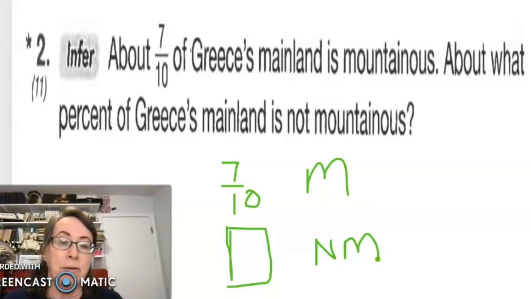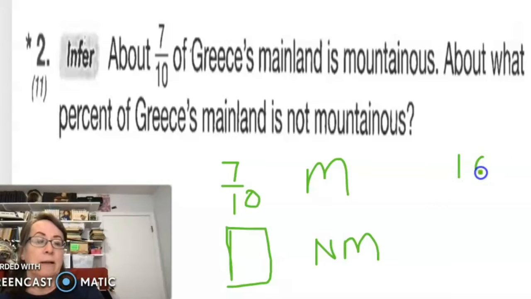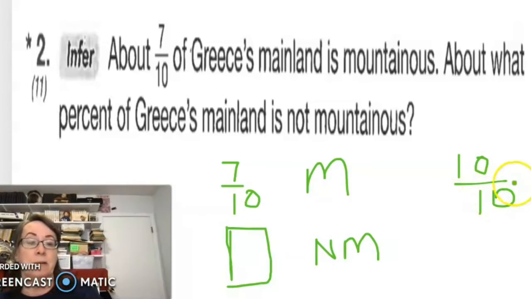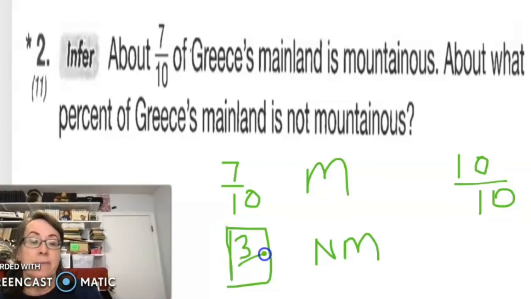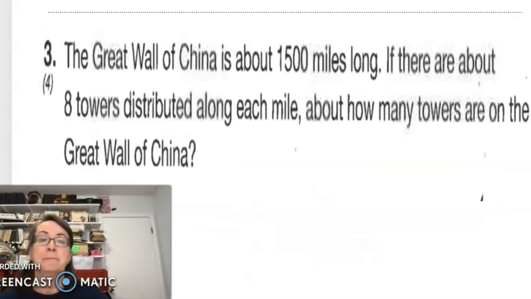We know that the whole is 1, or 10/10 is a whole. So all of Greece would be 10/10, and 7/10 is mountainous. So wouldn't it be 10/10 minus 7/10, or 3/10? That would be non-mountainous. Hopefully that makes some sense.